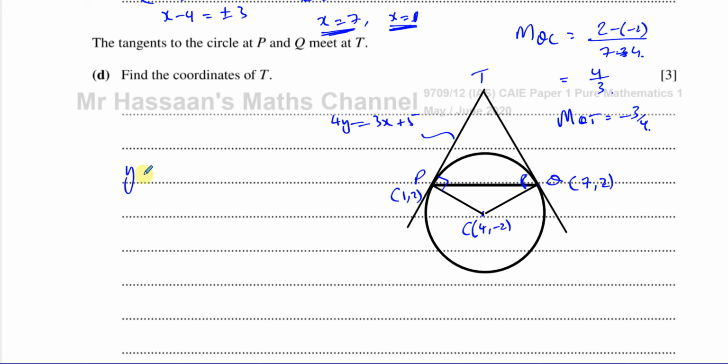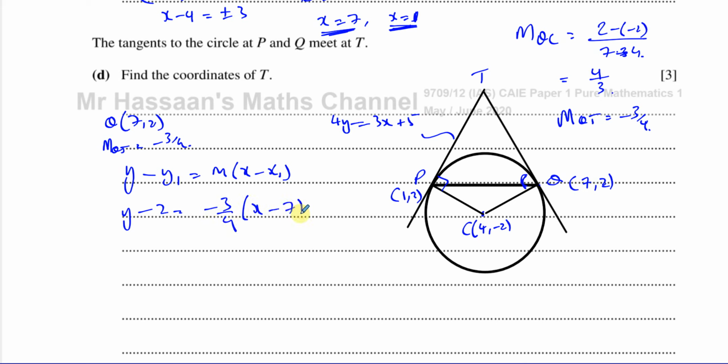We can then work out the equation of that line. So you have y minus y1 equals m times x minus x1. We have the point Q, 7, 2, and the gradient of this tangent, which is minus 3/4. So y minus 2 equals minus 3/4 times x minus 7. Multiplying by 4, 4y minus 8 equals minus 3x plus 21.